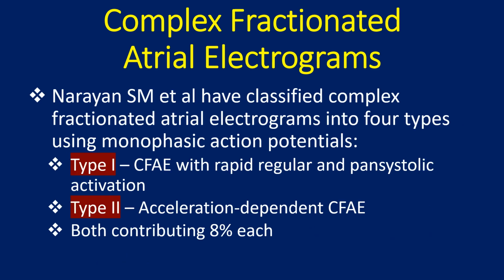Narayan and colleagues have classified CFAE into 4 types using monophasic action potentials. Type 1, CFAE with rapid, regular and pansystolic activation. Type 2, acceleration dependent CFAE, both contributing 8% each.